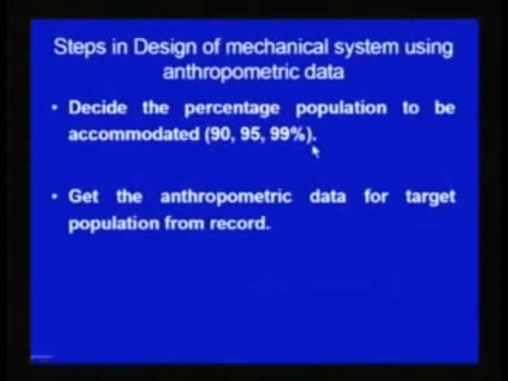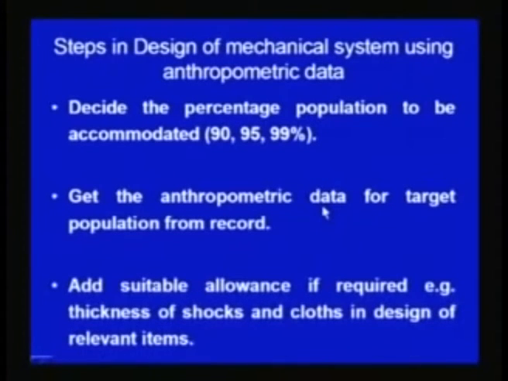So, what percentage of the population is to be accommodated by the given design, that decision is taken first. Then anthropometric data is obtained from the record, and the central tendency of the anthropometric data which is of use for a given design, and its spread in the form of range or standard deviation, are calculated.